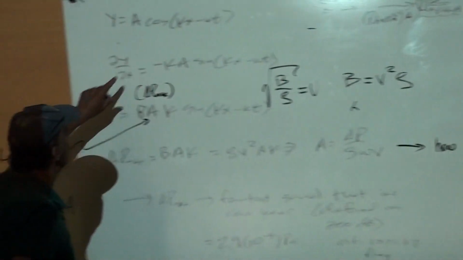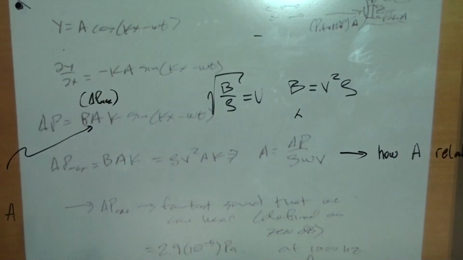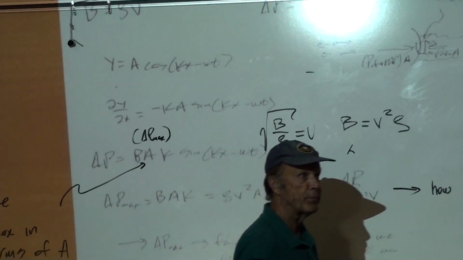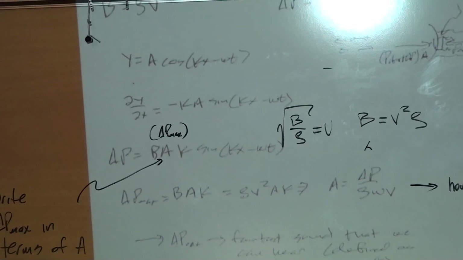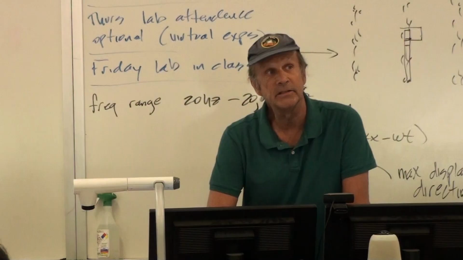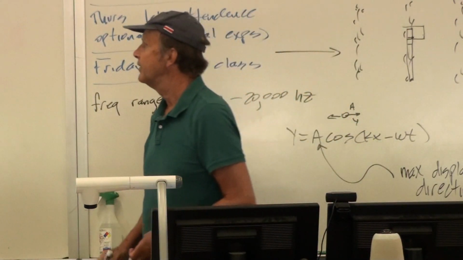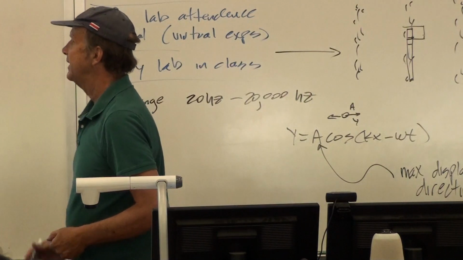Remember, you can either talk about particle displacement in the medium, or you can talk about pressure differences. And what I preferred to do was talk about pressure differences. But here, I'm trying to tie it together so you can see how the pressure difference and the particle displacement for a compressed wave are related.